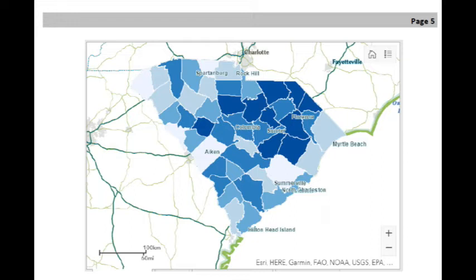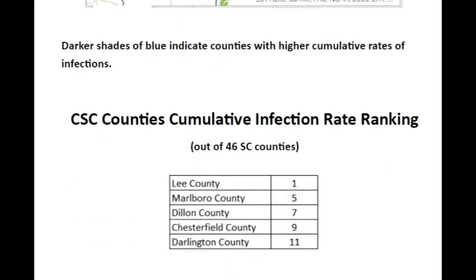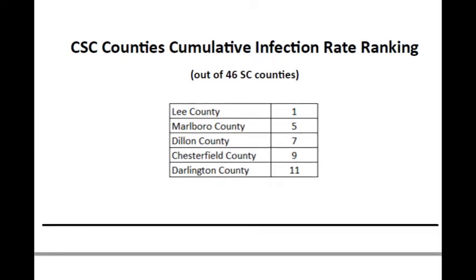In fact, out of South Carolina's 46 counties, Lee County ranks first, Marlboro County 5th, Dillon County 7th, Chesterfield County 9th, and Darlington County 11th.